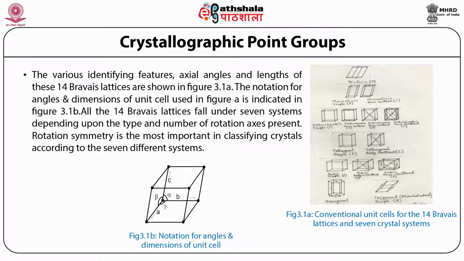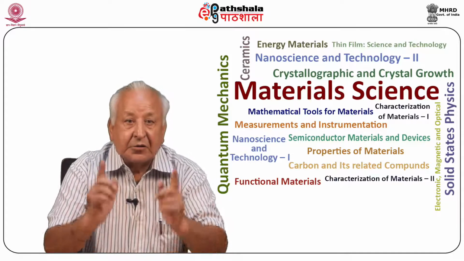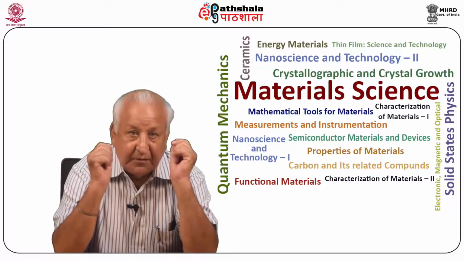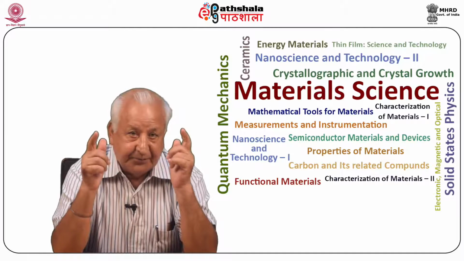All the 14 Bravais lattices fall under 7 systems depending on the type and number of rotation axes present. Rotation symmetry is the most important in classifying crystals according to the 7 different systems. The 32 crystallographic point groups and their notations.